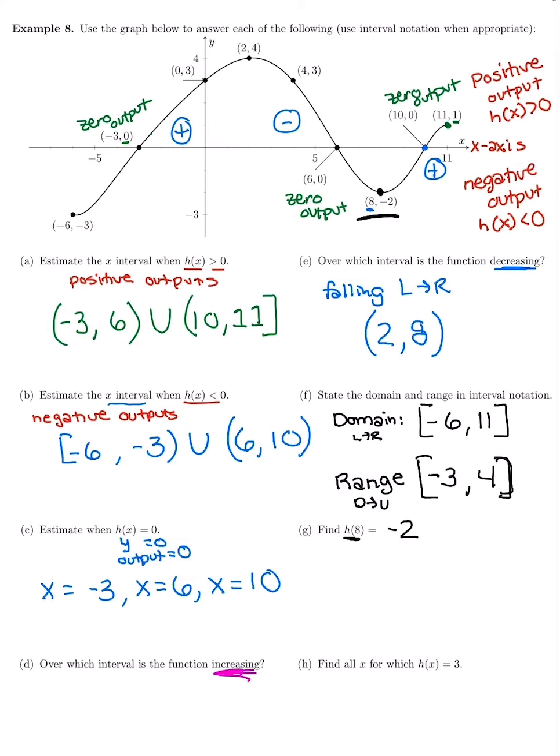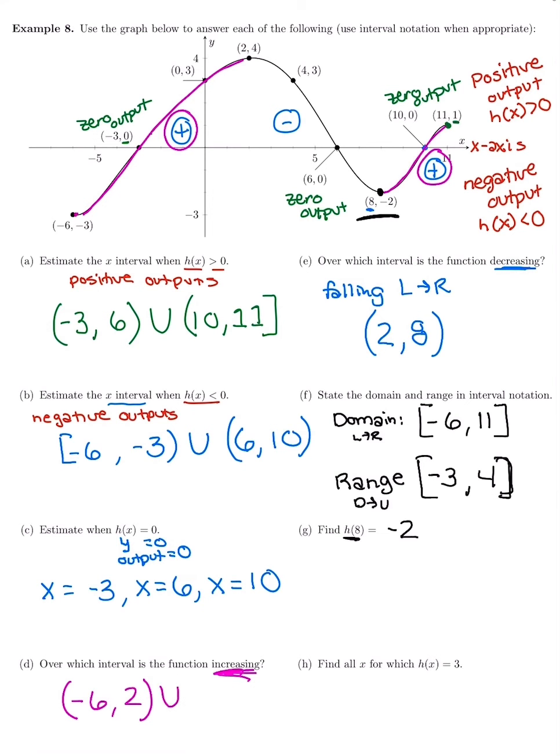So increasing is these positive intervals. Where is the graph rising? So starting after -6, I see that it's going up, all the way till I get to the x value 2, that soft peak, we're going to put round parentheses. It's not technically increasing there. And then also over here, it's increasing.